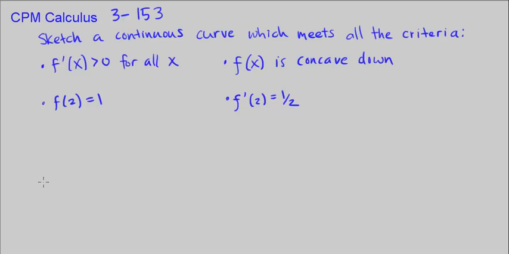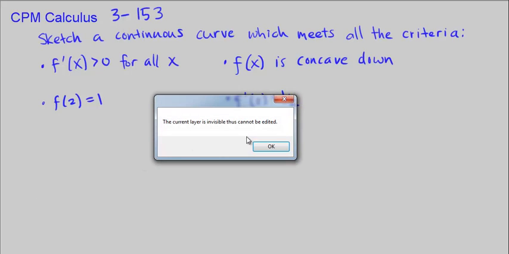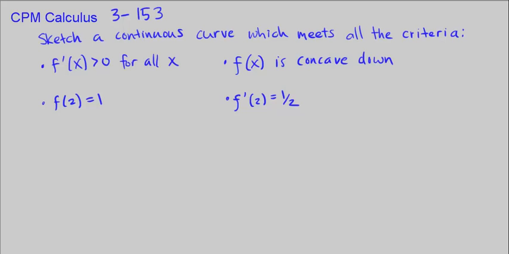Alright, so let's go ahead and sketch this. So my x and my y axis. f prime of x is greater than 0. That means if we're looking at the derivative and it's greater than 0, my function is always going to be increasing.